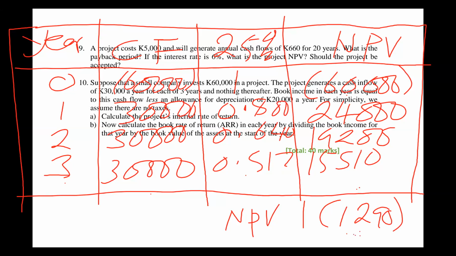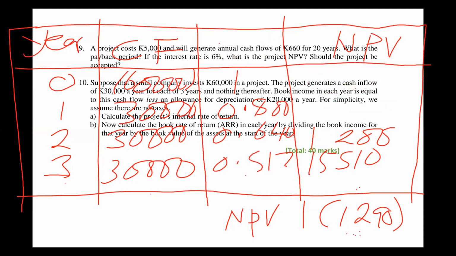We need a positive one. What do we do to find a positive one? You reduce the discounting rate, isn't it? Because they go in an opposite direction. Where can we put it?